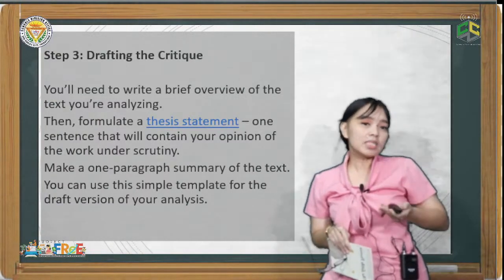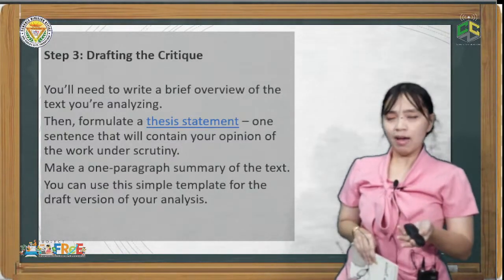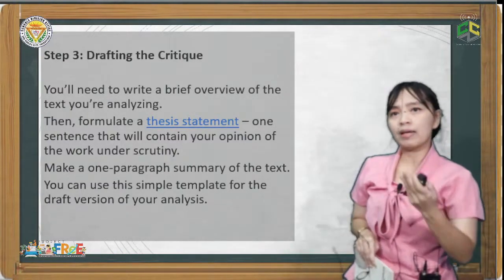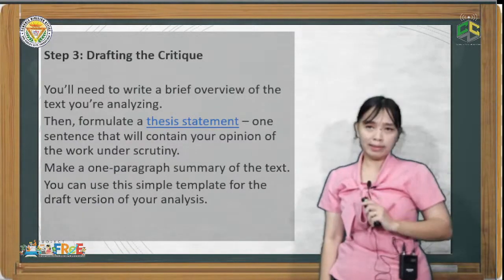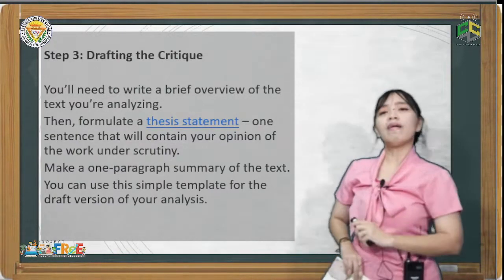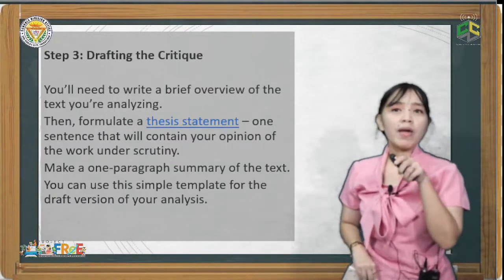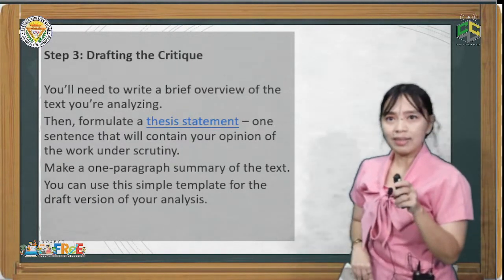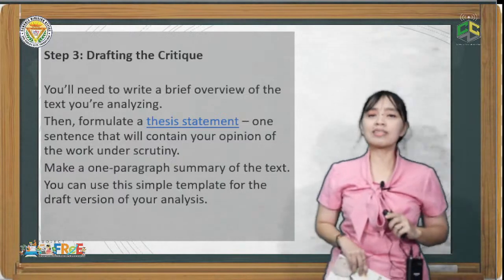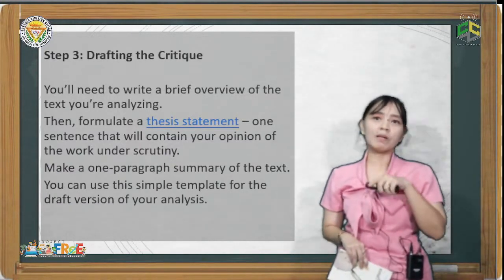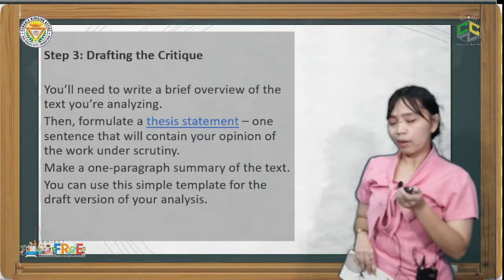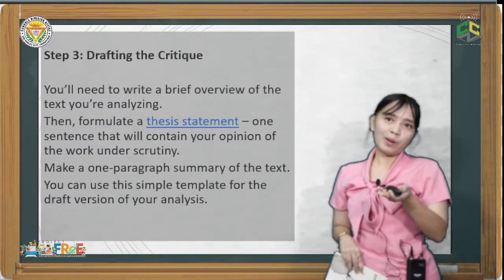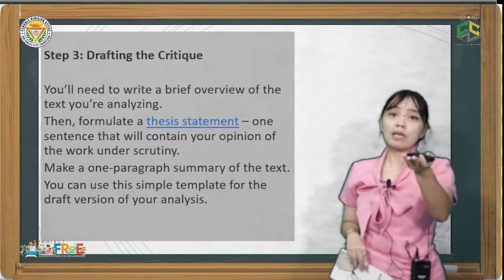If it's implicit, then you're going to formulate one sentence that will contain your opinion on the work under scrutiny or under analysis. And of course, you are going to make a one-paragraph summary of the text, and please do not forget, you are going to use this simple template for the draft version of your analysis. So I hope this will help you in coming up with your own critique paper later on.